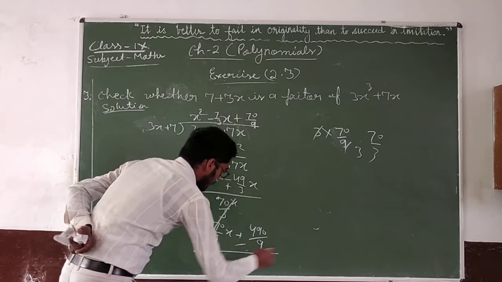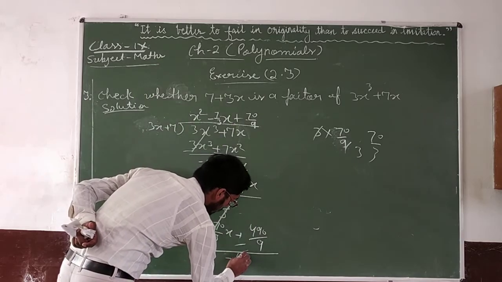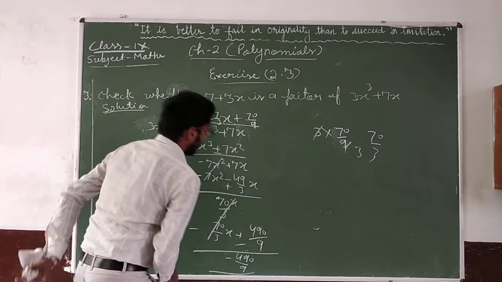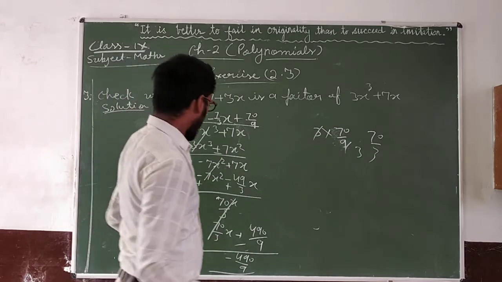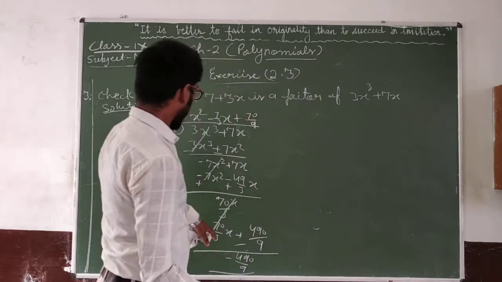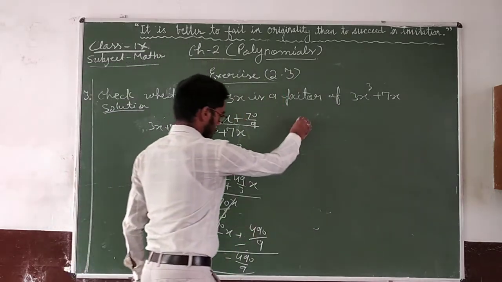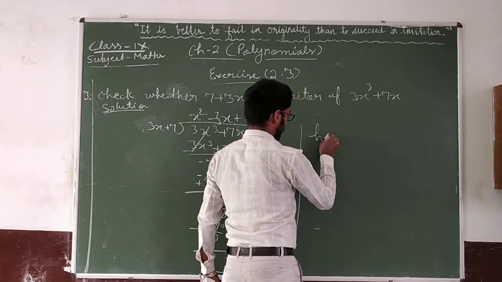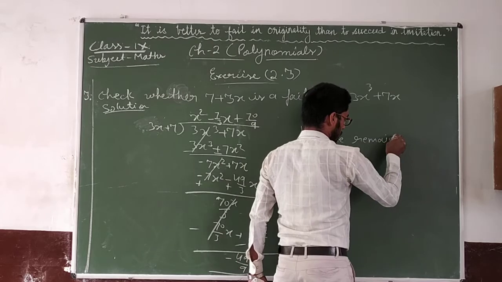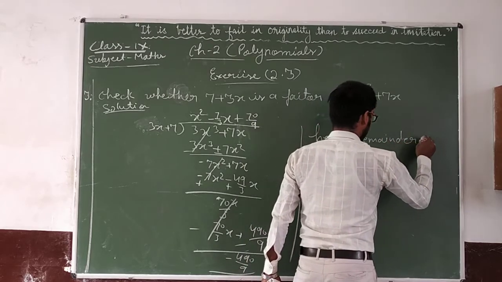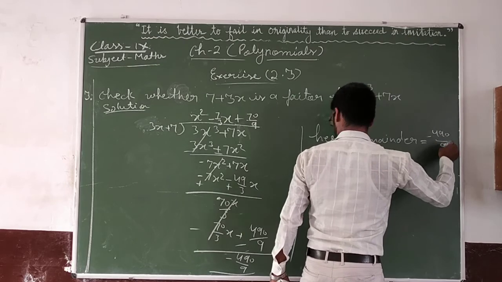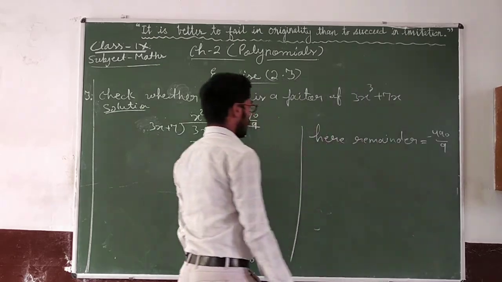Then you have the remainder, that is minus 490 upon 9. Okay. So after that you cannot divide it. It means here is the remainder. Here the remainder is equal to minus 490 upon 9. Okay.